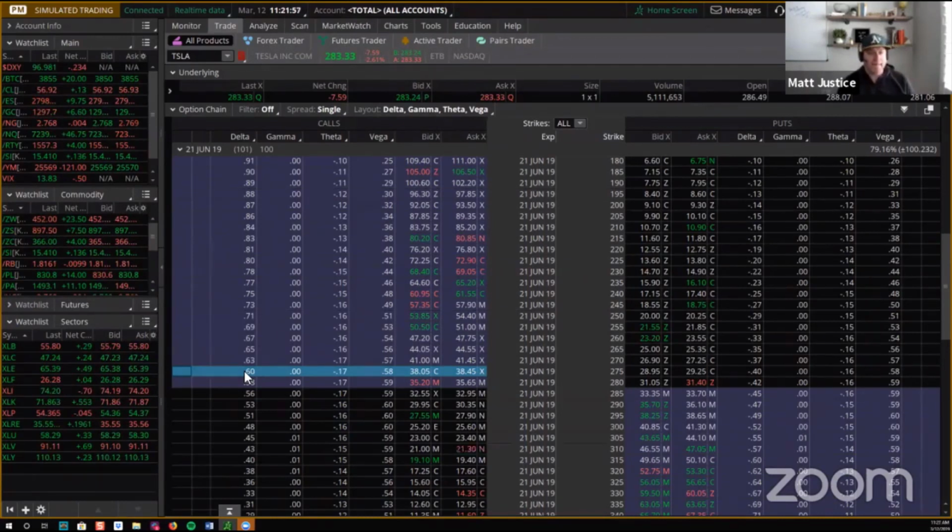So if I buy a 0.60 delta on Tesla and it says 60, that tells me there's a 60% probability that Tesla will be above $275 in 101 days. Now, again, as a buyer, we would never hold through the theta risk of the last month and a half, 2 months.